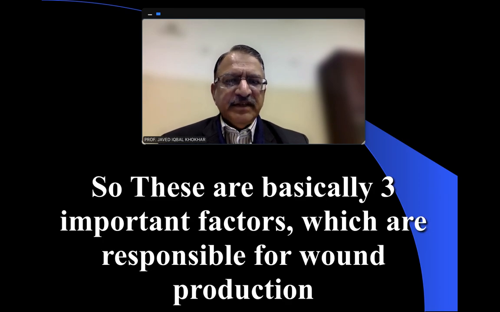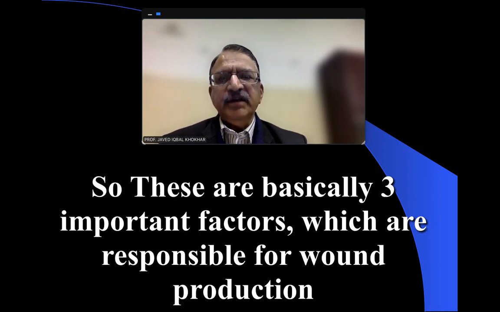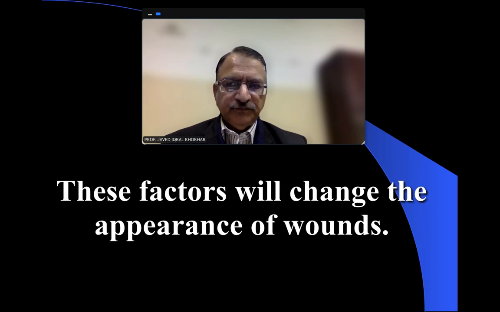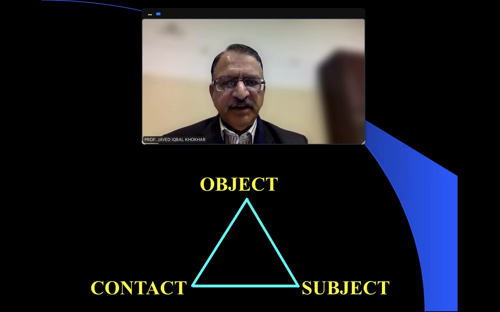So these are basically three important factors which are responsible for wound production, and they also cause variation in the appearance of the wound: object, subject, and the contact with force.